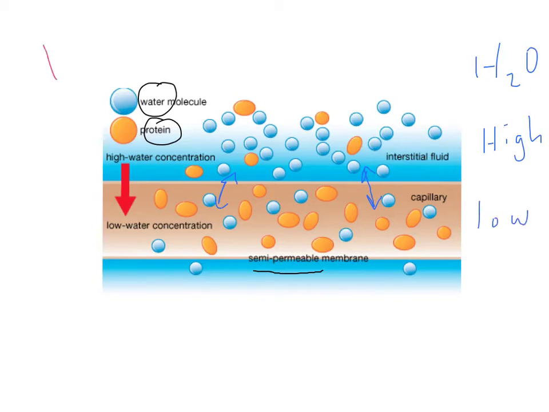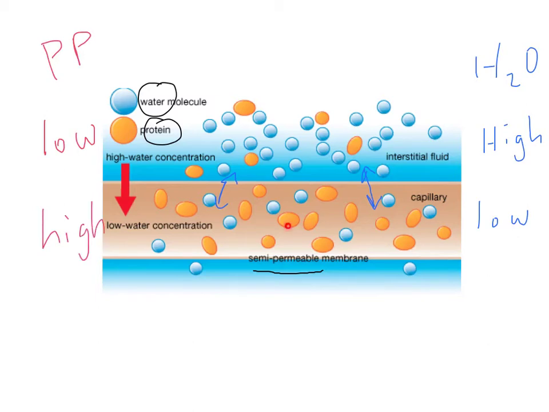But for plasma proteins, which I'll call PP, they have the opposite scenario. Outside the capillary, you can see that there really aren't that many plasma proteins. In this picture there are 3. So on the outside of the capillary in the tissue fluid, the plasma proteins are at low concentration, and inside the capillary you can see that, wow, there are a lot of them in there. So they are at high concentration inside the capillary.